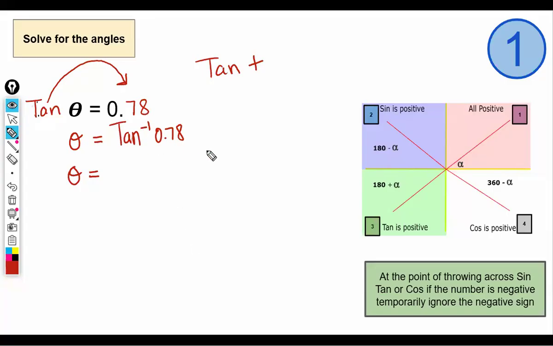How much is tan inverse 0.78? Tan inverse, second function, tan 0.78. I hope you all see the same thing here. I get 37.95 degrees. I'm hoping you all see that.